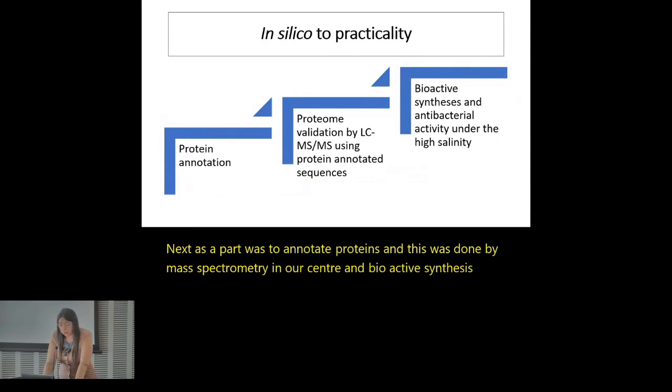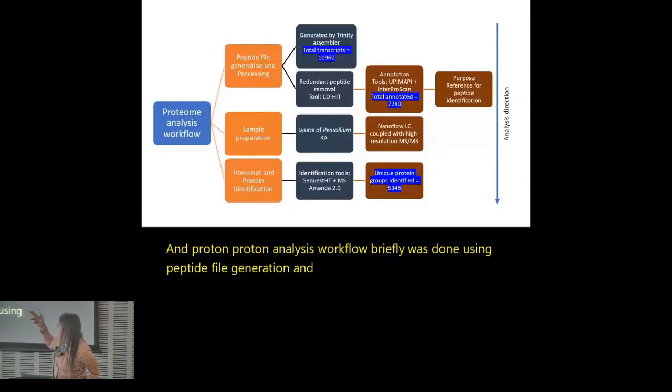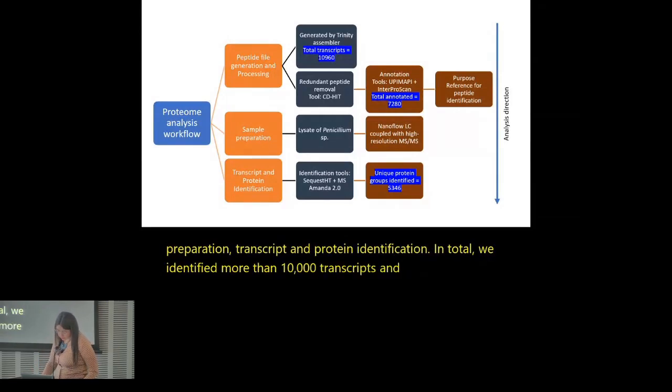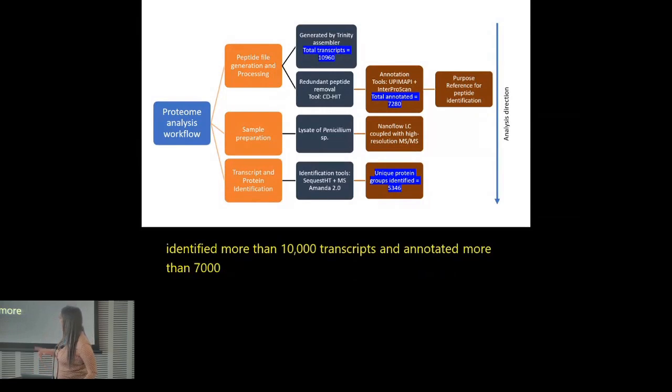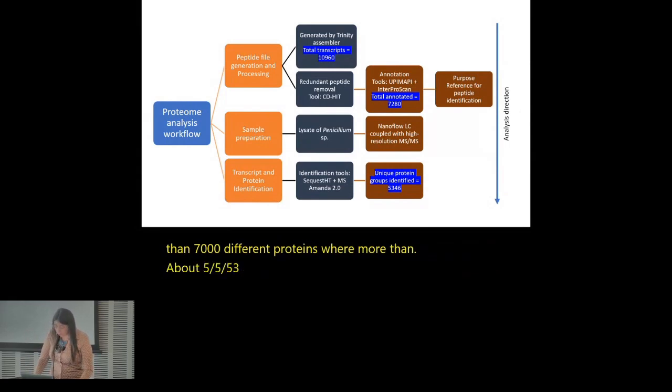The proteome analysis workflow was done using peptide file generation and processing, then sample preparation, transcript and protein identification. In total, we identified more than 10,000 transcripts and annotated more than 7,000 different proteins, of which about 5,300 were unique proteins found in this organism.